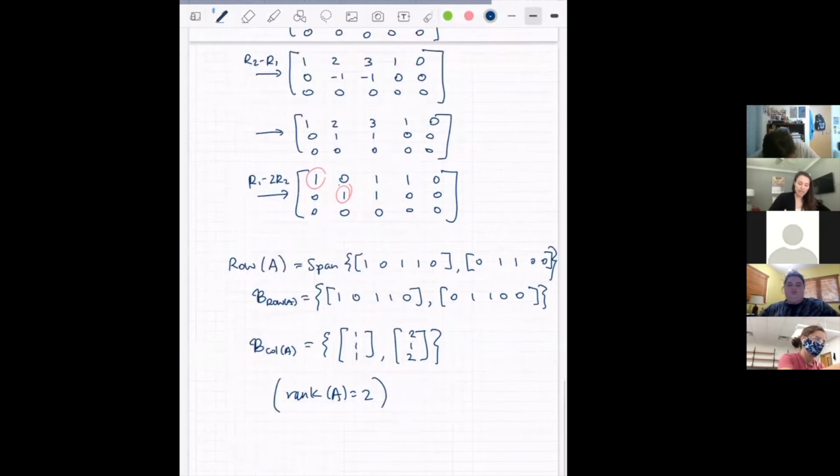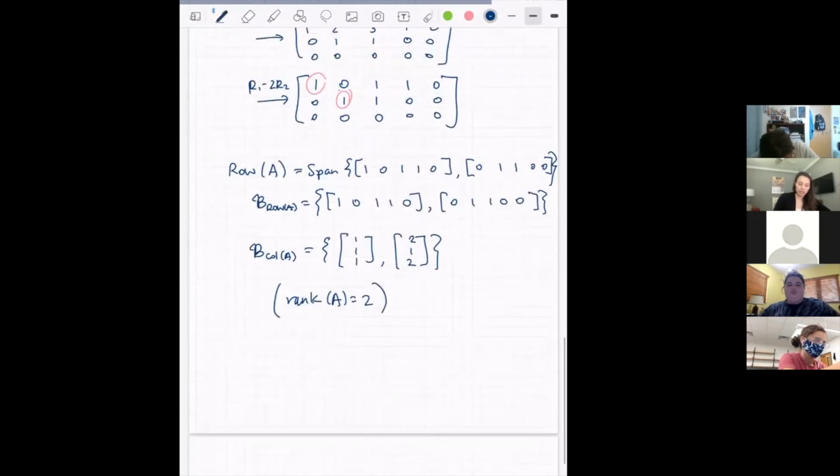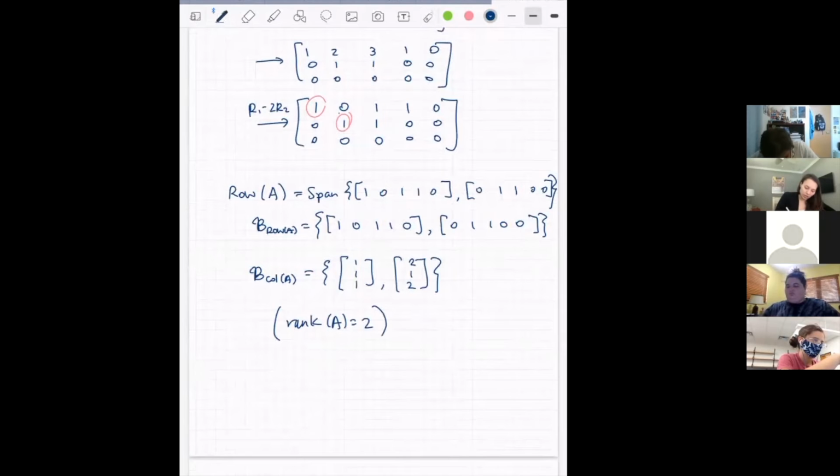And then we also want to find the null space. So we need to solve the homogeneous equation, and we already have this in row echelon form, so it's not too bad. We get x1 plus x3 plus x4 is equal to 0, and also x2 plus x3 is equal to 0.